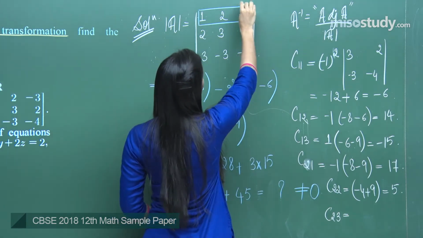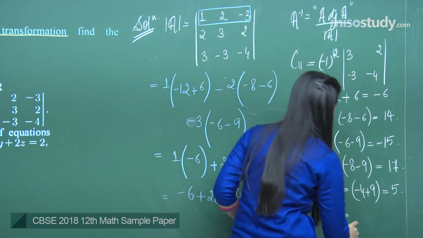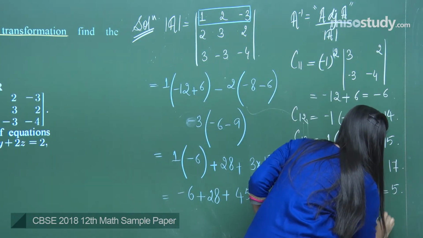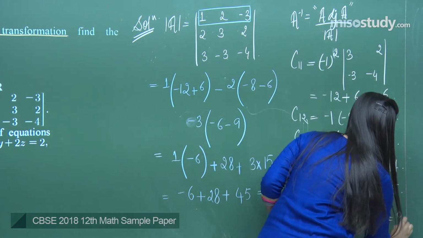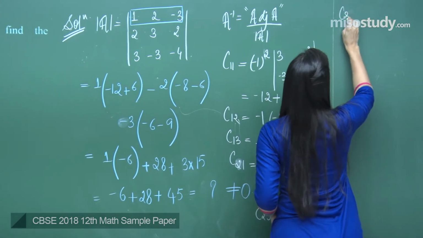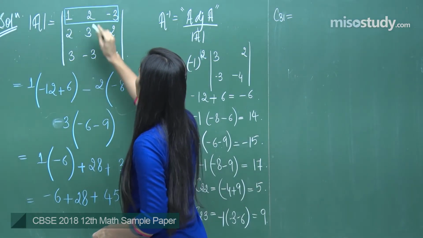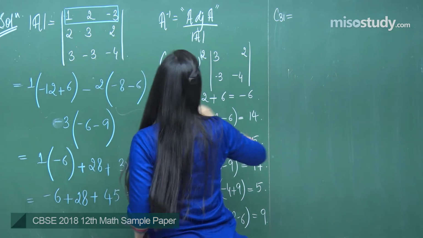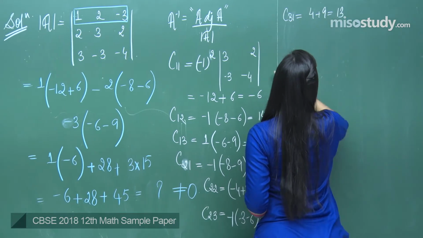So you get minus 3, minus 6 into minus 1, so you get a 9. After this you have C31. Third row, first column, this gives you 4 plus 9, which gives you 13.